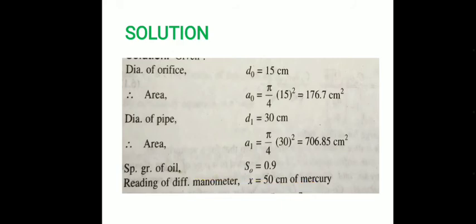Also, the specific gravity of oil is given. SO is equal to 0.9. Then the next given value is the reading of the differential U-tube manometer X, which is 50 centimeters of mercury. Clear? For finding the differential head H, the equation is H is equal to X into Sg divided by So minus 1, where Sg is the specific gravity of the heavy liquid.